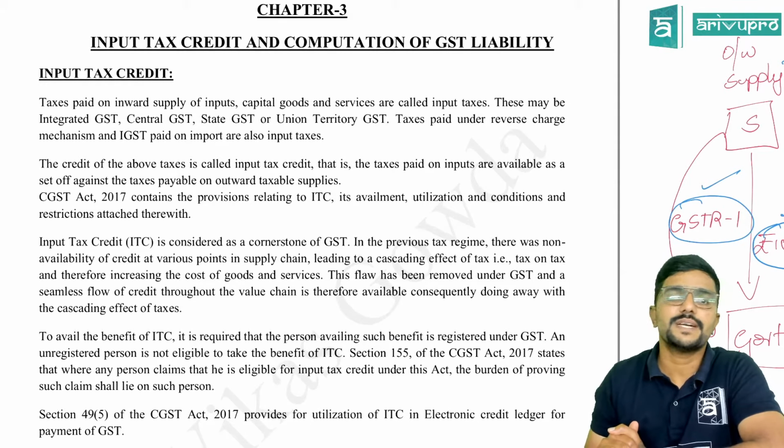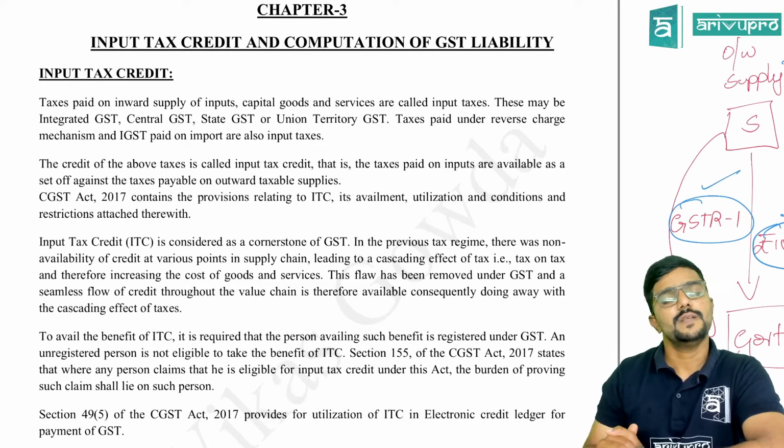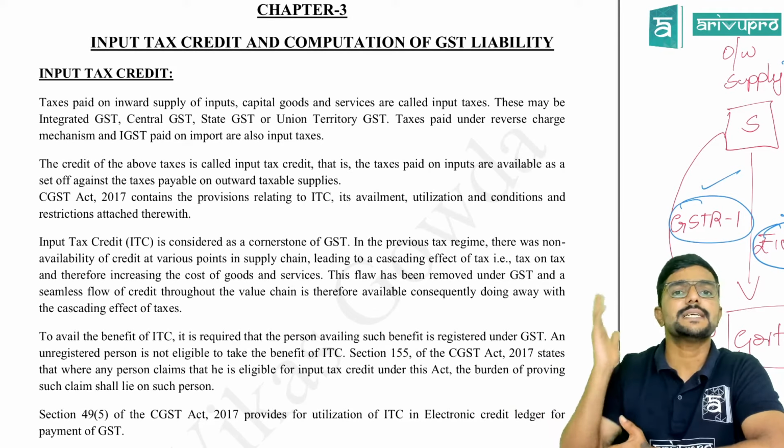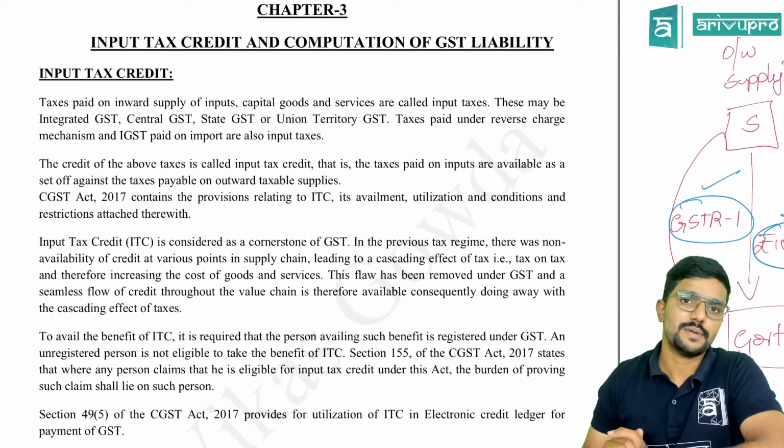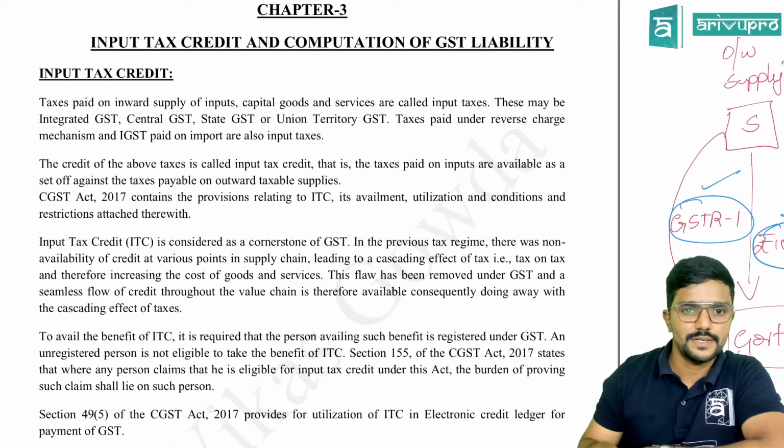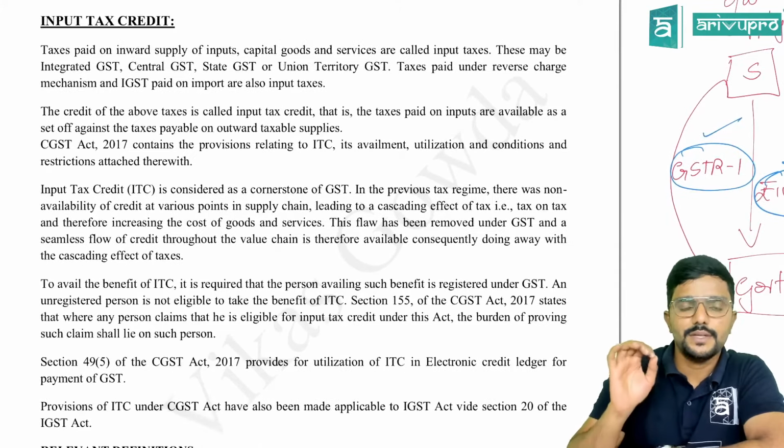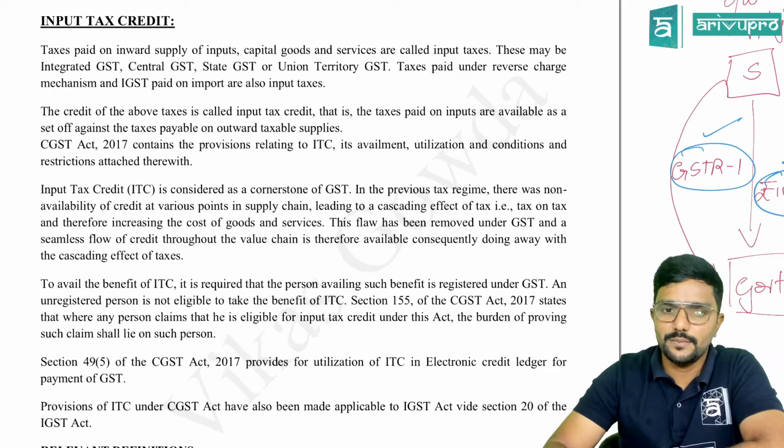So even for input tax credit, there are no separate provisions under the IGST Act. So whatever we learn under the CGST Act will be applicable for both intrastate supply as well as interstate supply. Clear?